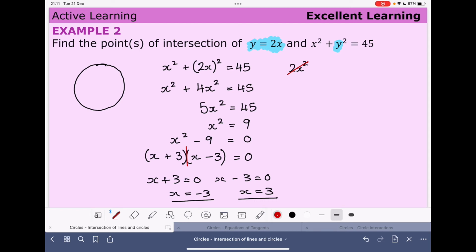Now, if we just consider the line really quickly, we've got y equals 2x, so that's a line with a positive gradient of 2. Let's say it looks something like this. We know we've got two points of contact, one here and one here, one at -3 and one at +3 in terms of the x coordinates. Yeah, so something like that. But what you can see is that those aren't the only y values that occur, or the only points that exist where x equals 3 and -3 on that circle.